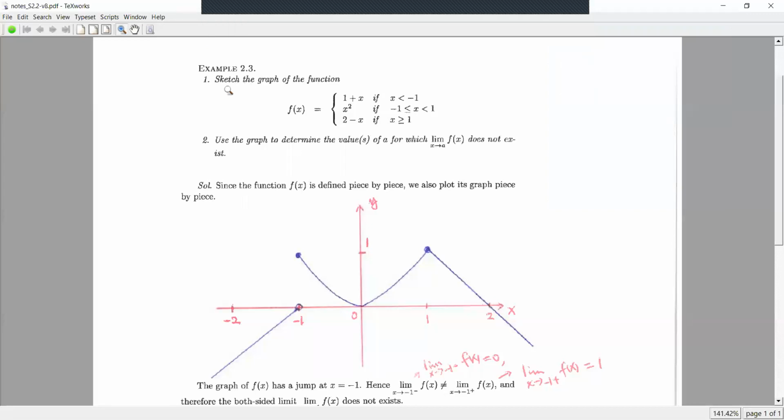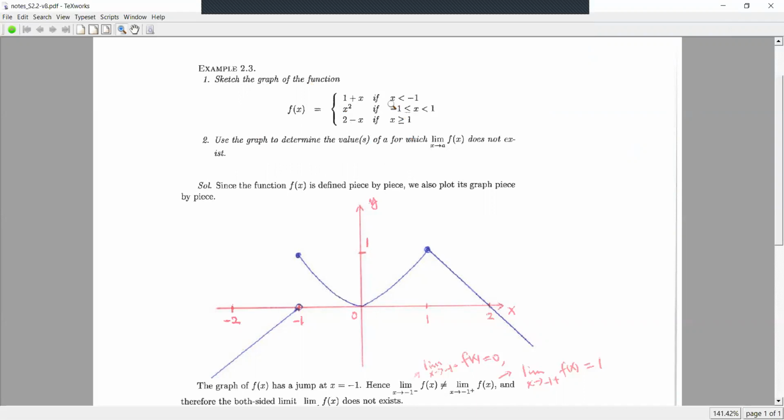Example 3. Sketch the graph of this function. Then use the graph to determine the value of the point a at which the both sided limit doesn't exist. Because the function is defined piece by piece, we also sketch its graph piece by piece.